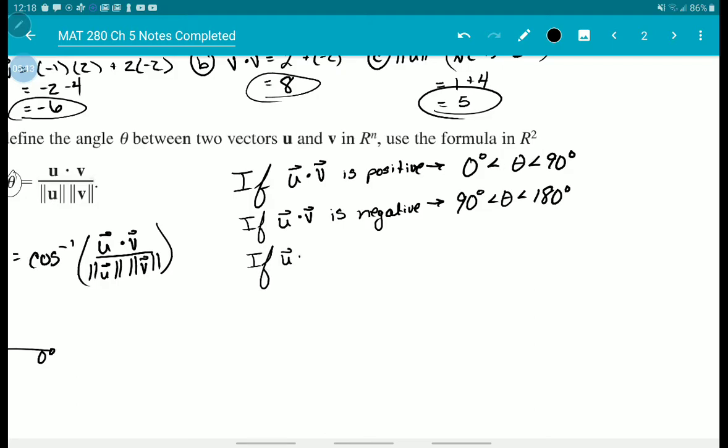Now, if that dot product is 0, then that means we have to have a 90-degree angle, because the inverse cosine of 0 is always going to end up being 90 degrees. Okay? Which means that these vectors would be orthogonal.